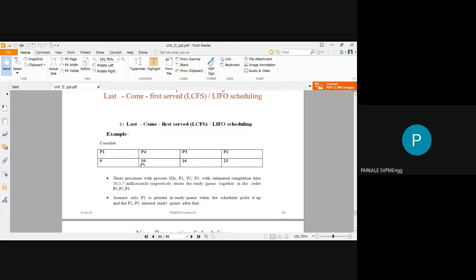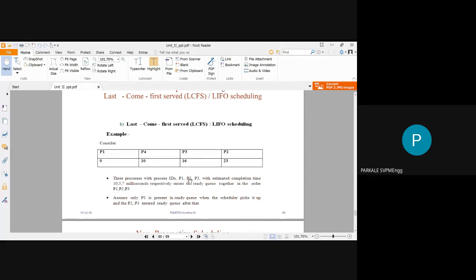P4 requires 10 seconds to complete its task. Process P3 requires 16 seconds to complete itself, and process P2 requires 23 seconds. Here I have shown the 4 processes and the total execution time required for each process.